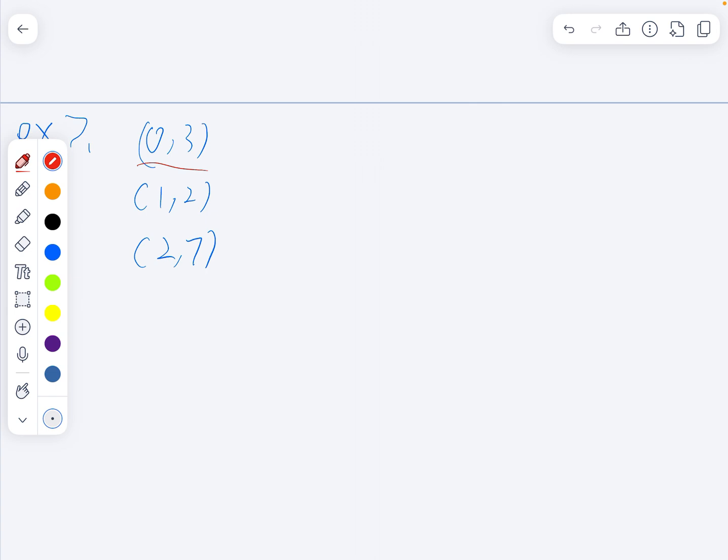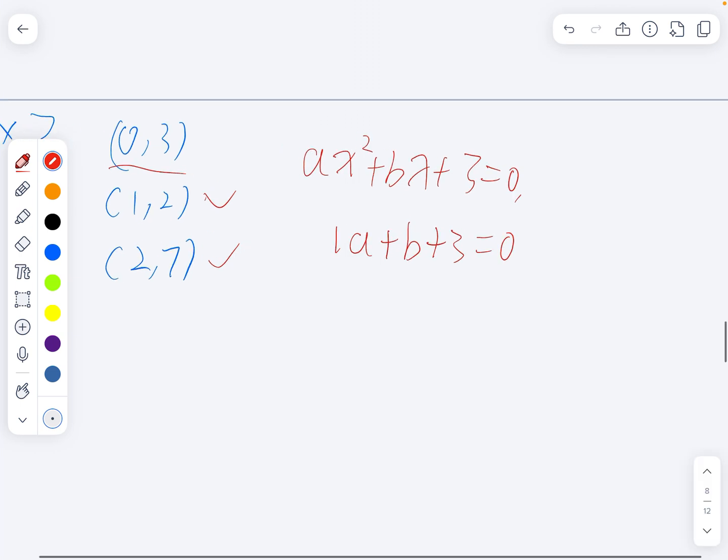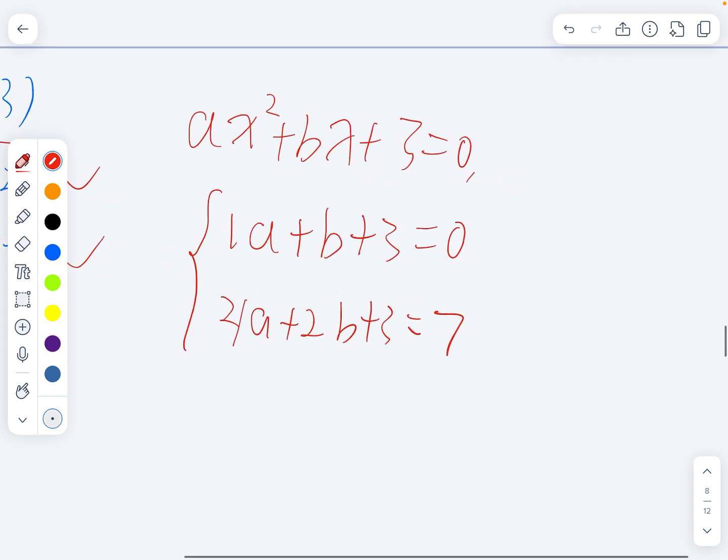So we can know that if I use the vertex, now we try to solve this linear equation system.